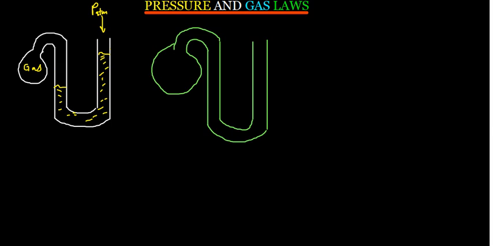And so to find the pressure of the gas in such a scenario, the pressure of the gas is going to be given by the atmospheric pressure plus the height. Now the height is simply this difference here between this point where the liquid is and that other point. So that is going to be the height. So this is how we're going to be able to determine the gas pressure.